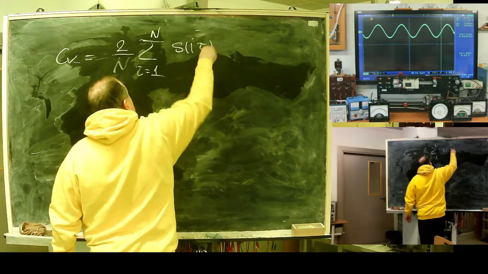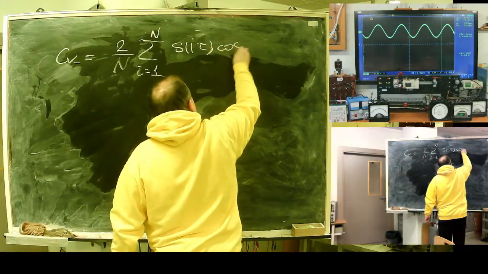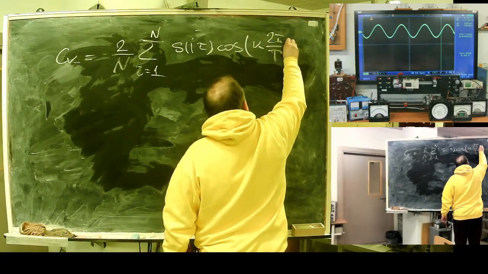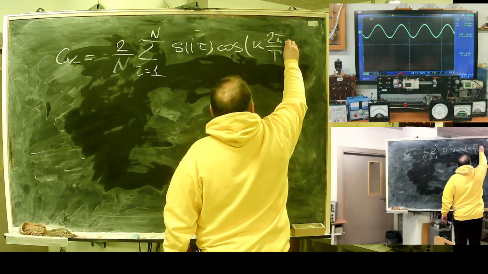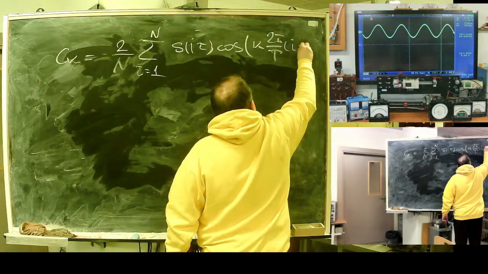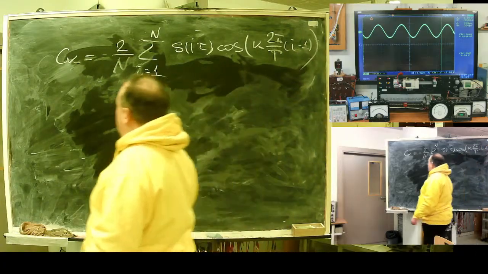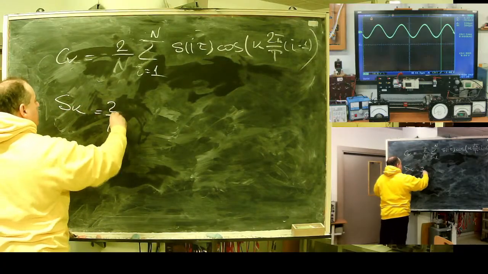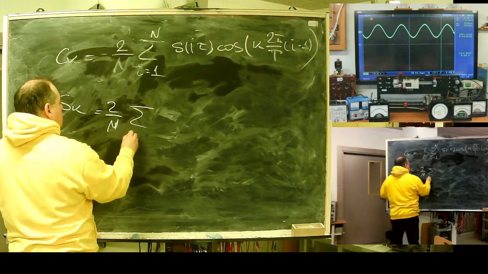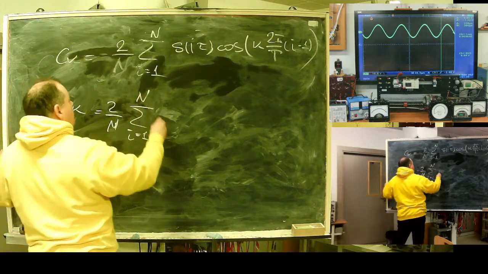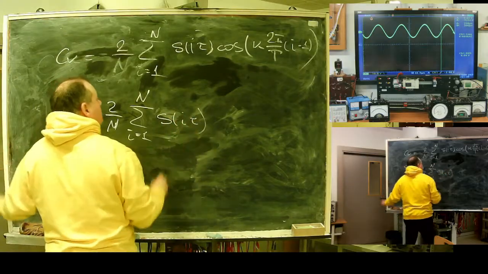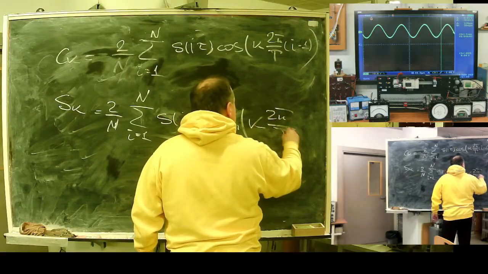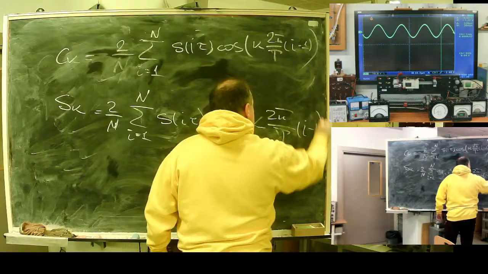of the original signal times cosine K double P divided by period multiplied by (I minus 1), and Sk is the sum from 1 to the number of points of the signal value times sine K double P divided by period (I minus 1).